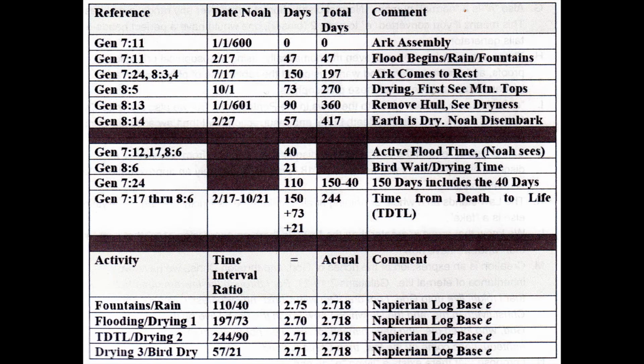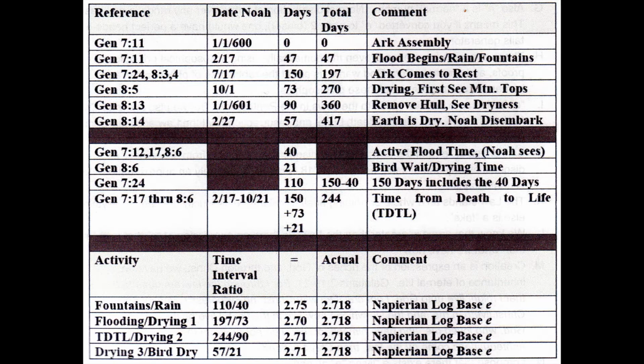And here are some examples. There is a 150-day interval. 40 of those days are a part of the 150, so it also gives you a 110-day interval. So if you take the fraction 110 over 40, you get 2.75, compared to 2.718.